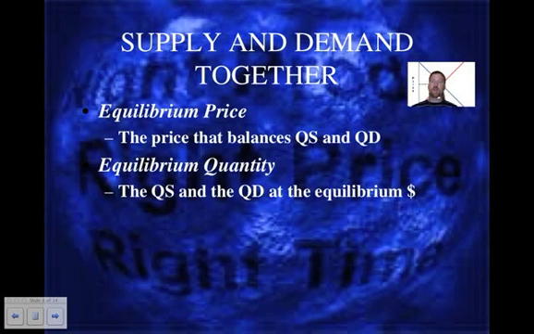So equilibrium price is where the supply curve and the demand curve intersect, and you go straight over to the price line, the vertical axis, as you can see right here where I'm standing in front of. If you want to look at the quantity, you look at where supply and demand intersect, and you go down to the horizontal axis and find your quantity. If I move out of the way, you can see that on this graph here.